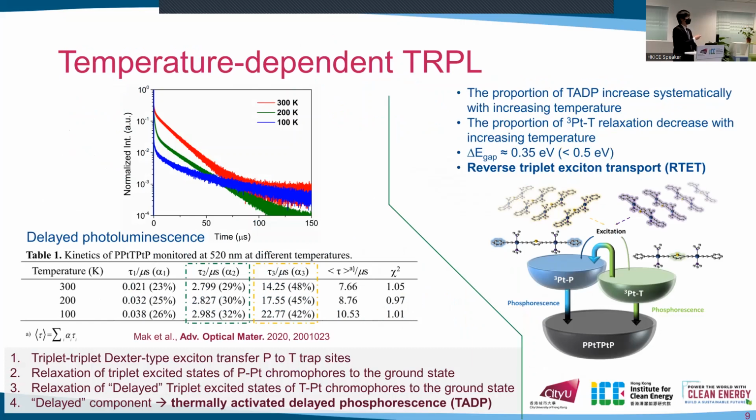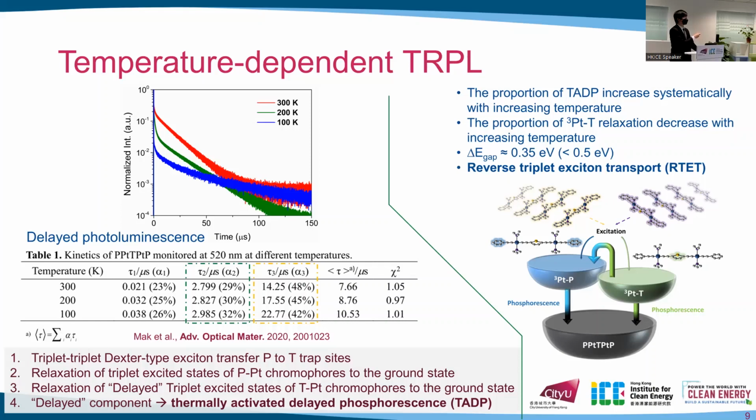We also did experiments on temperature-dependent time-resolved photoluminescence. We do this experiment because we want to find the explanation for thermally activated delayed fluorescence. We use a triple exponential function to extract the components from the decay curve.